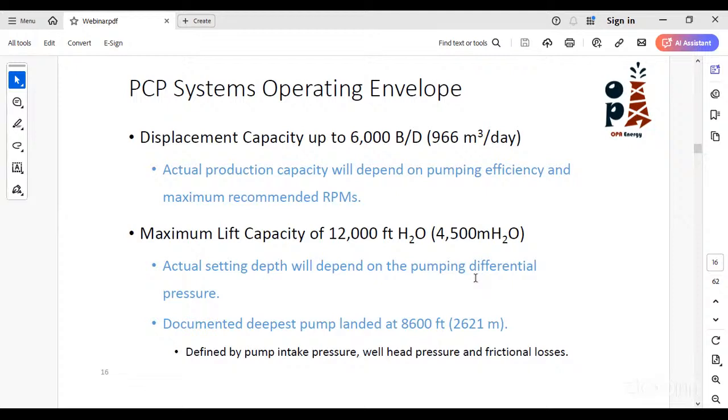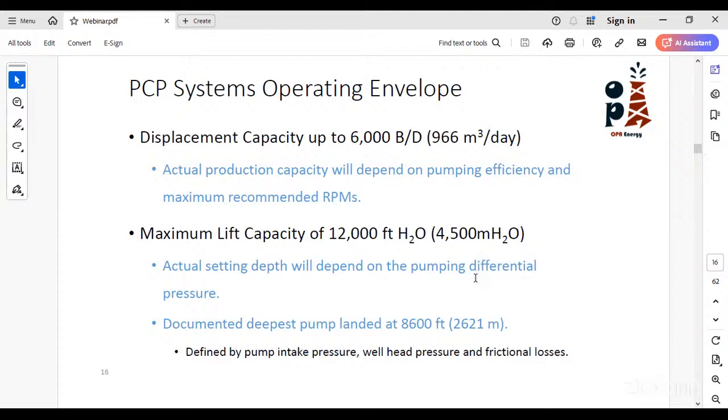However, this PCP can work up to 45 API in special conditions. Different effects can combine together during your PCP operation, like sand production, high gas oil ratio, and light oil, and in this case you cannot tell me that the PCP can work in these conditions. It will be very hard. So you can dedicate your PCP, or the best size that you use, for a special application.